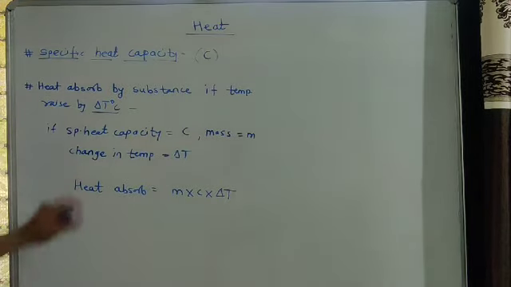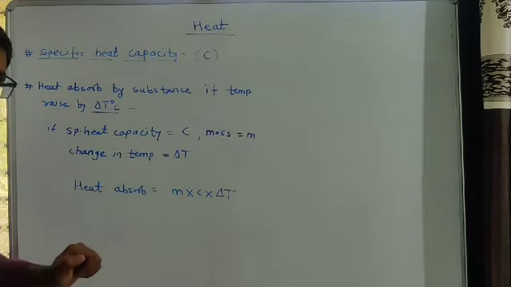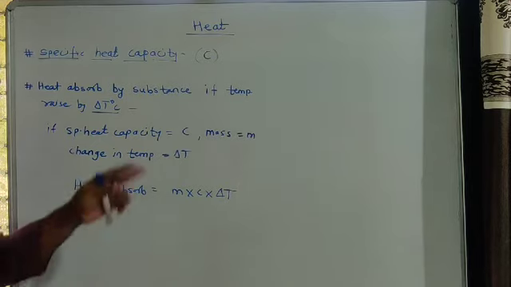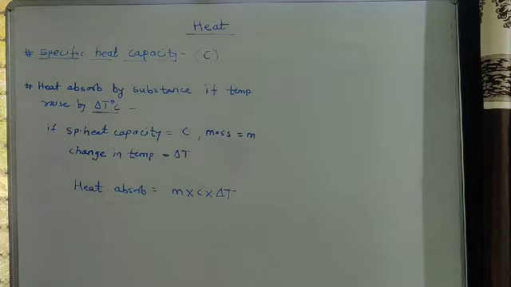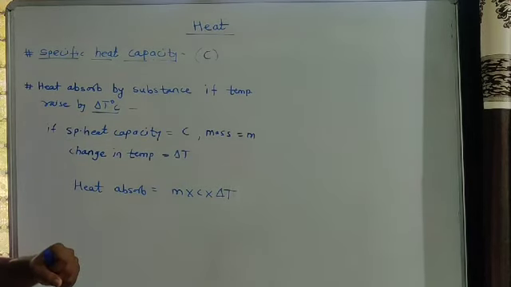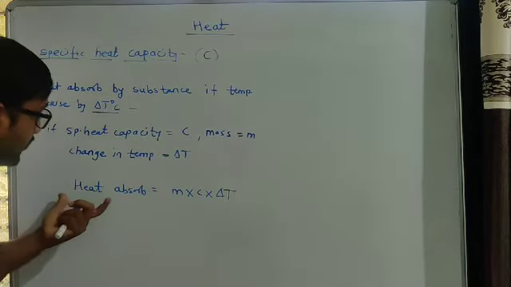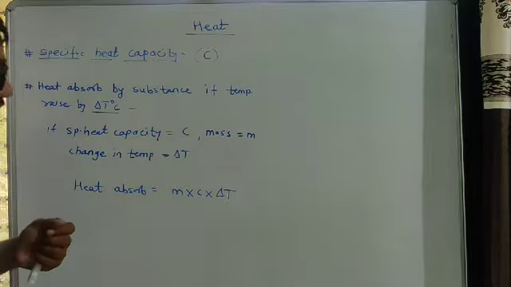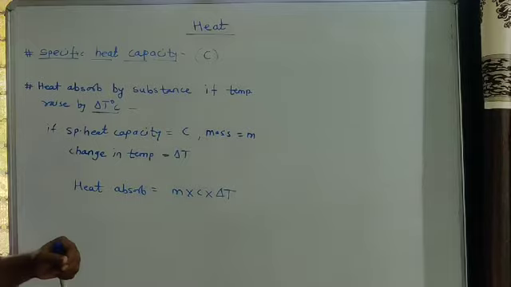The specific heat capacity of a substance is denoted by C, its mass is M, and the change in temperature is delta T, the number of degrees Celsius we raise the temperature. So the heat absorbed by that substance is the mass of the substance into the specific heat of the substance into the change in temperature.